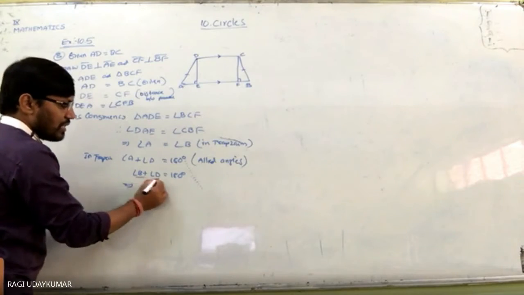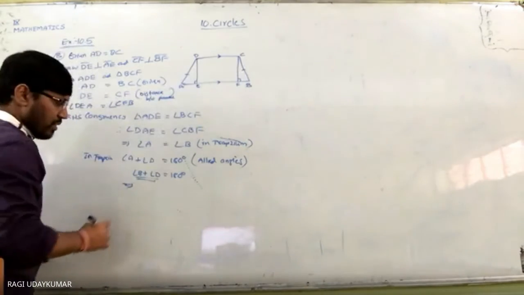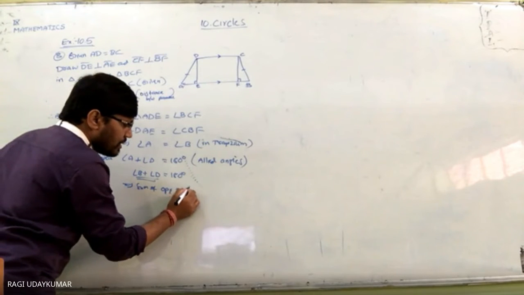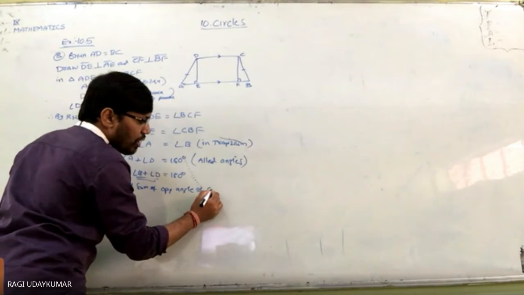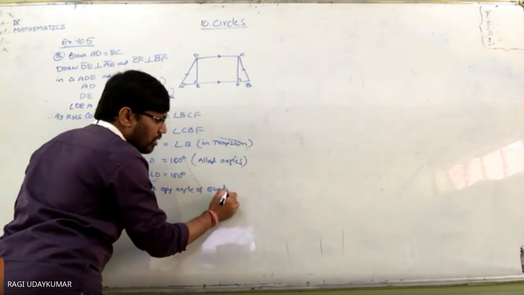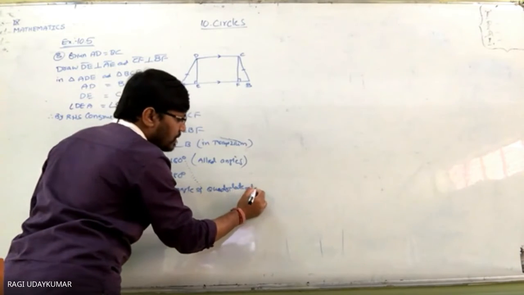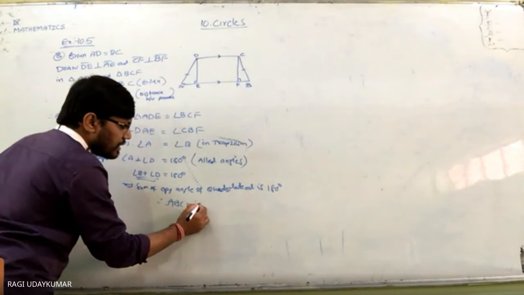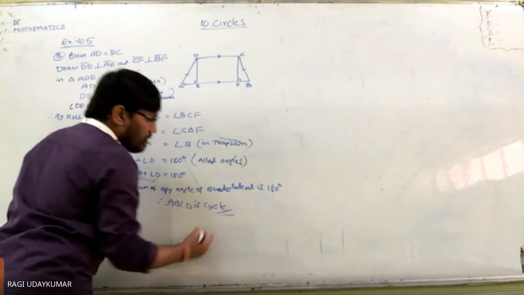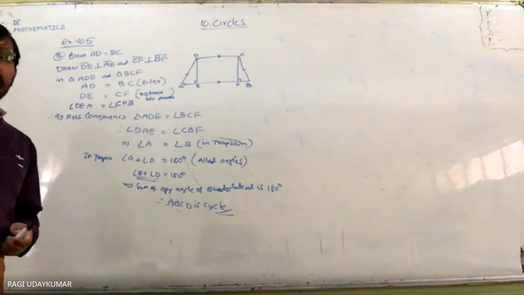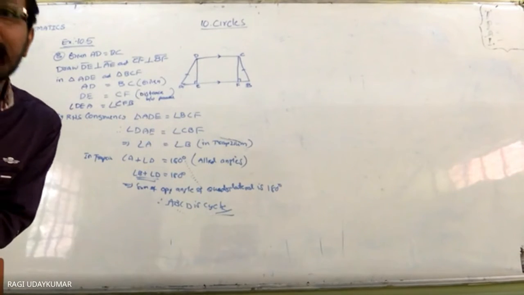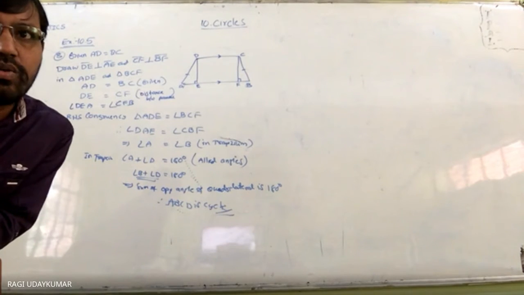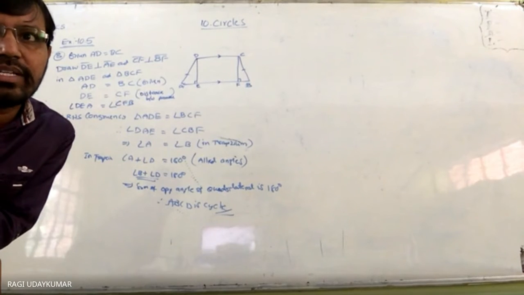This implies B plus D, the sum of opposite angles of the quadrilateral, is 180 degrees. Therefore, ABCD is cyclic. So every isosceles trapezium is a cyclic quadrilateral. Okay? Did you understand here?